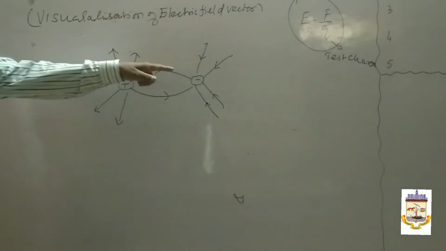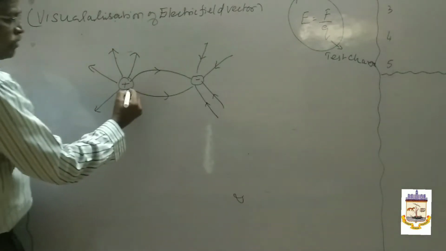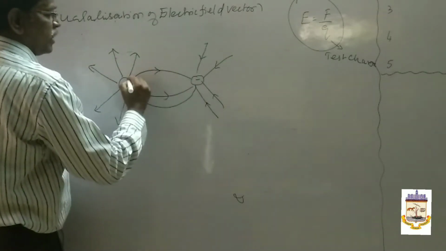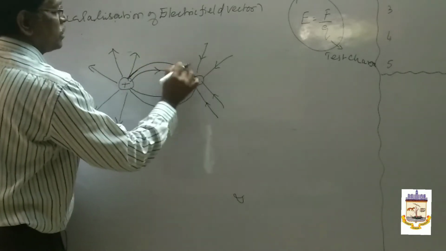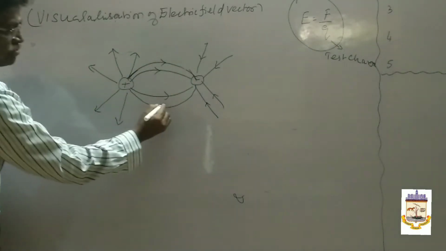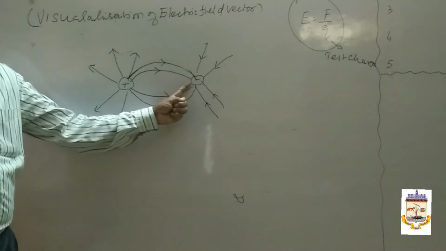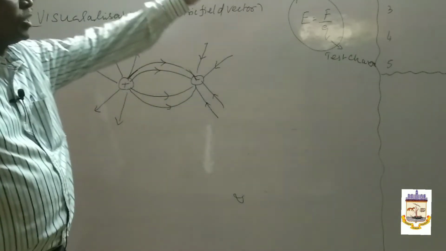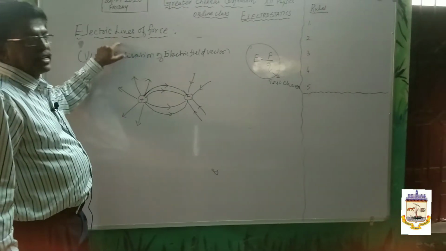So first, for the isolated charges, what we have seen is a straight line. Now when the two charges are kept nearby, the same line is a curved line. This line is emanating or starting from the positive and ending at the negative. This is rule number 1. We are going to see the 5 rules in the case of electric lines of force.